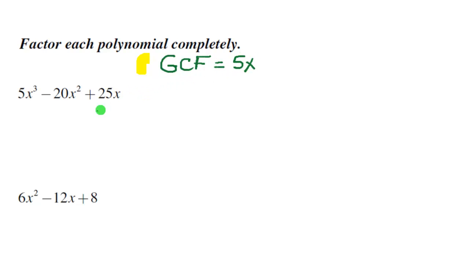So you're going to write 5x and then a parentheses, and now what's left when you pull out a 5x.